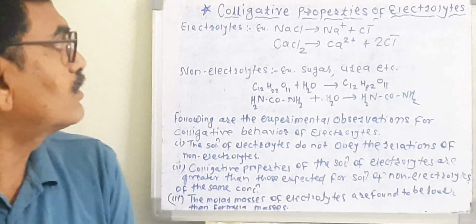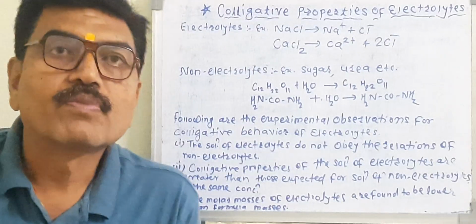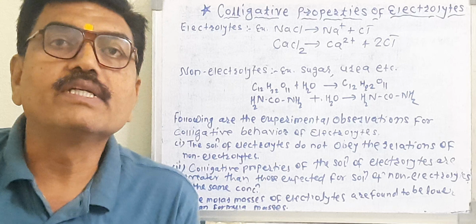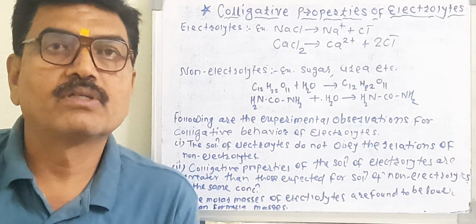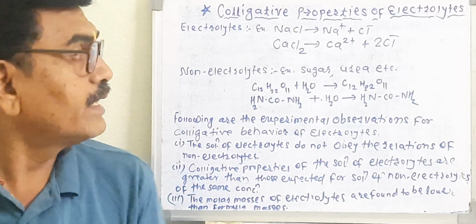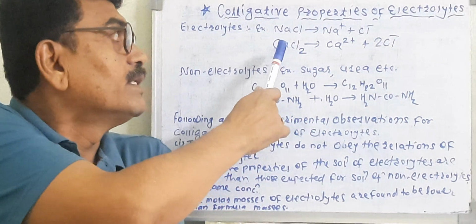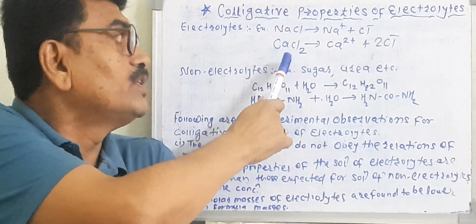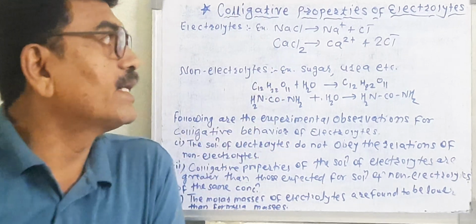Electrolytes are the substances that, when dissolved in water, dissociate or ionize and produce ions. We know NaCl and CaCl2 are examples of electrolytes.